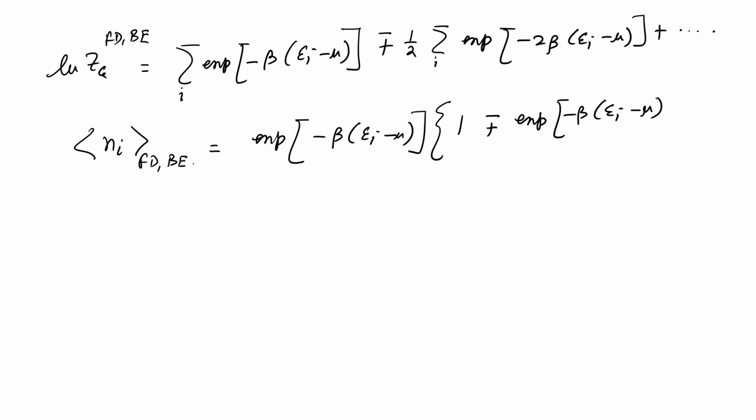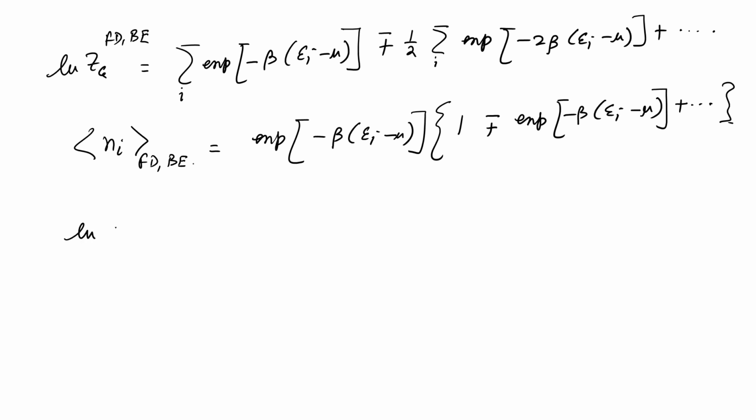Okay. So, this and plus this and so on. So, you see that we have expanded both the log of the grand canonical partition function as well as the distribution for small fugacity, that is ZF much smaller than 1, and we get these expressions. So, the dominant term in the expression is what we need to deal with.